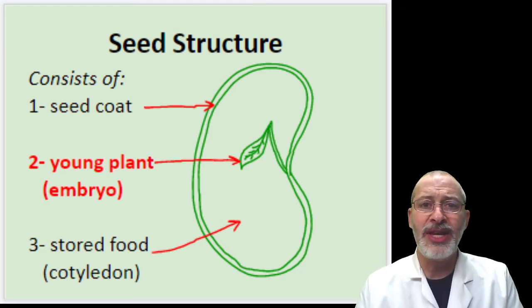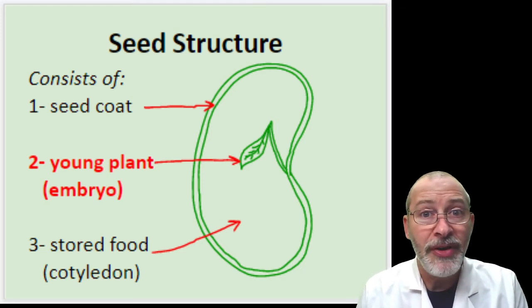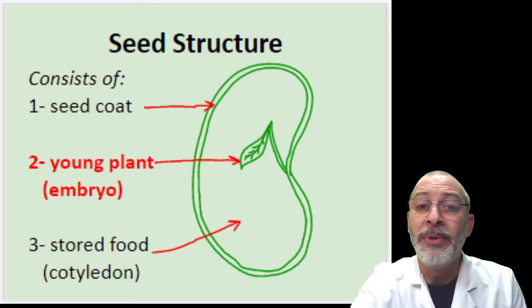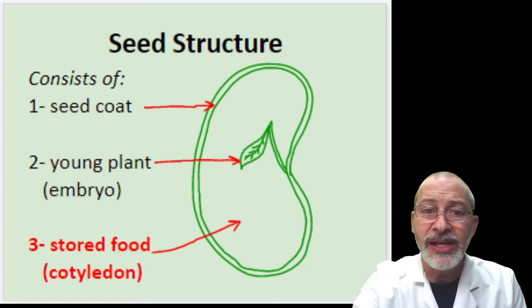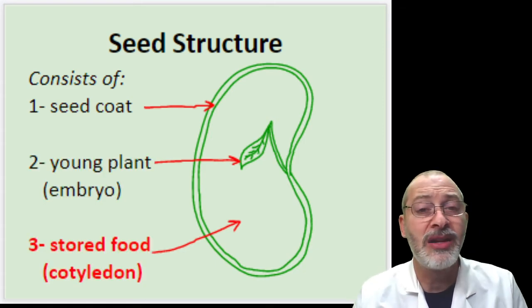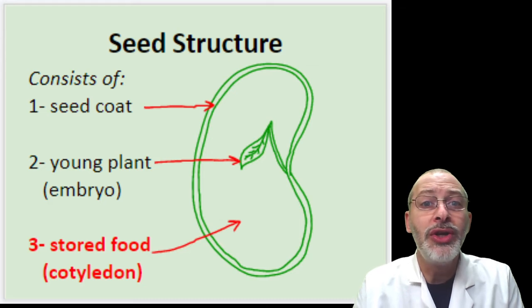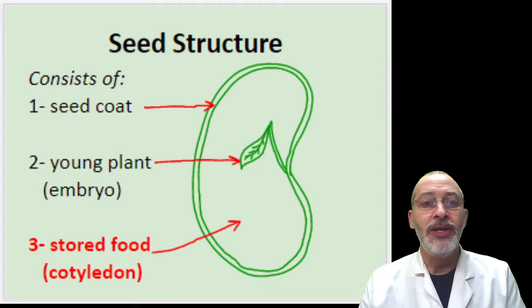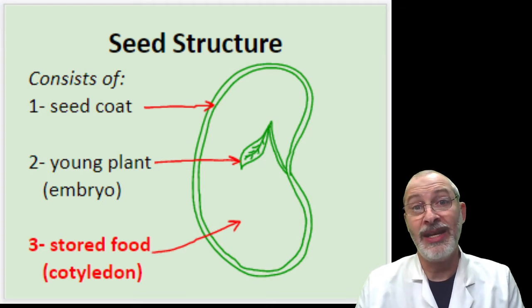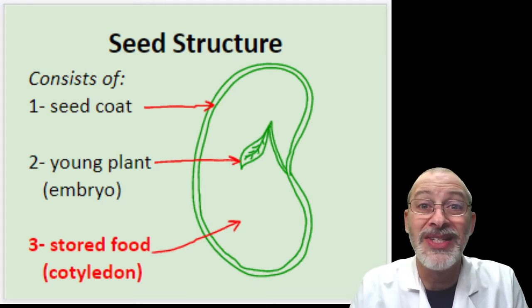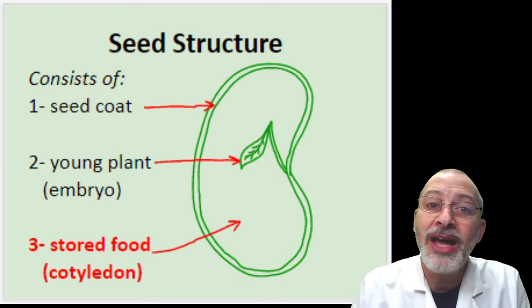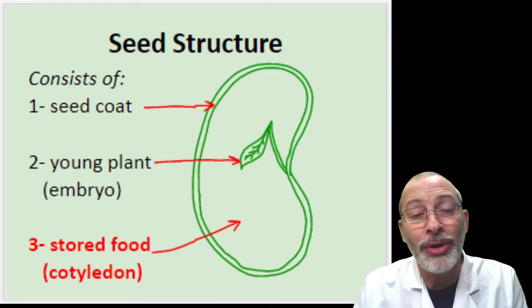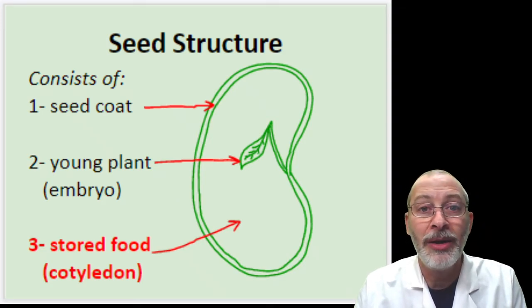And during its initial phases of life, that embryo is very dependent upon one other material that is found in the seed, and that is called the cotyledon, or the stored food. The meat of the seed, if you will, is the food of the seed. And that food, that cotyledon, is designed to provide the initial nutrients for that embryo, that developing young plant.